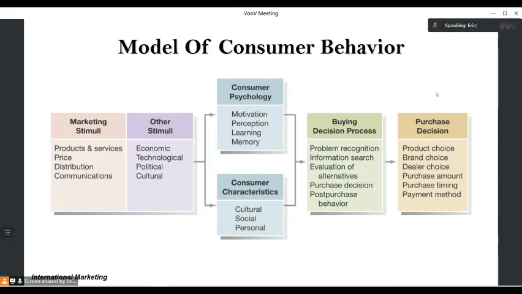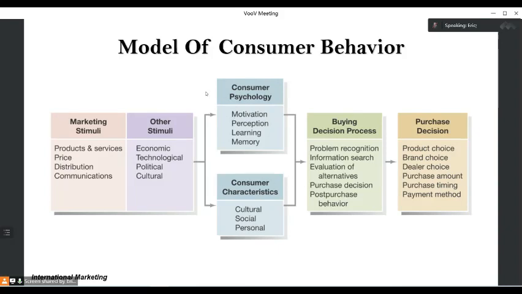And after that there is a purchase decision. Actually, what we decide is the brand choice, product choice, purchase time, payment, place, and so on. Okay, this is the full model about consumer behavior.